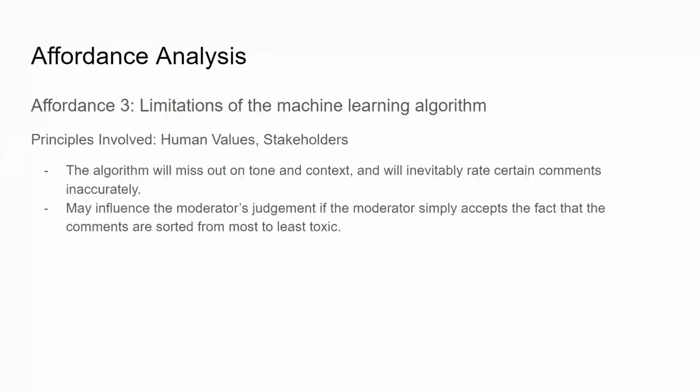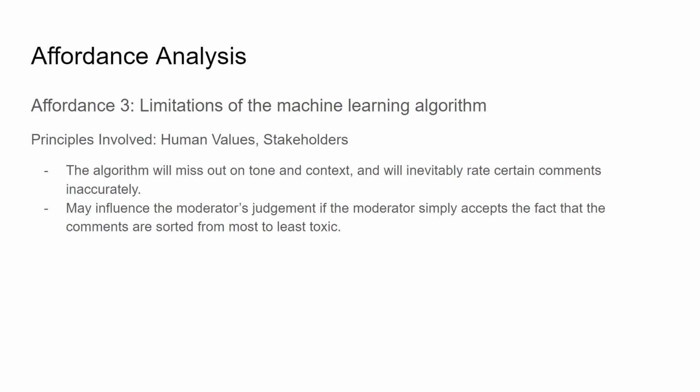Okay, so for affordance 3, the limitation of the machine learning algorithm: using the machine learning algorithm would not always be accurate in assessing the toxicity of the comments. This is because it will filter out context. So when looking at what was said, the algorithm won't always be able to accurately judge the toxicity of it.